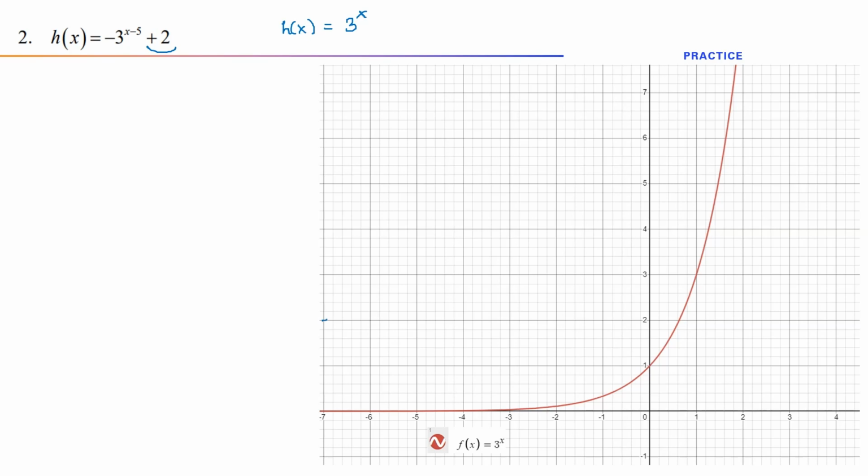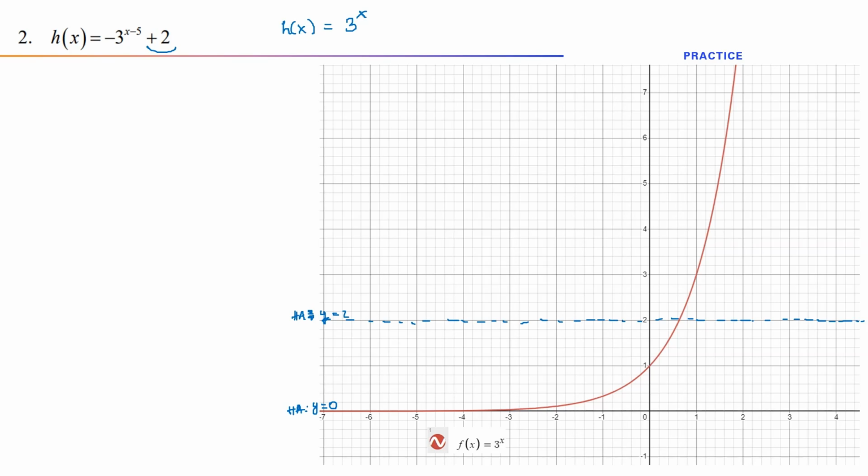So we draw the horizontal asymptote up 2 units. The horizontal asymptote of the parent function is y equals 0.